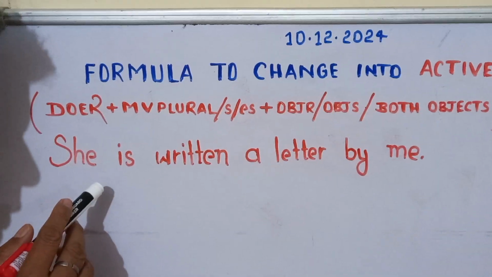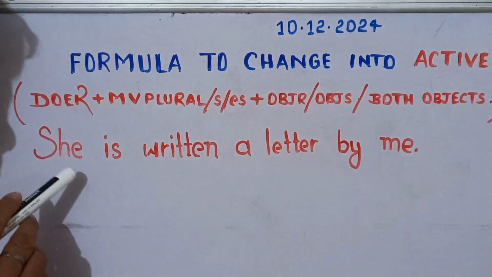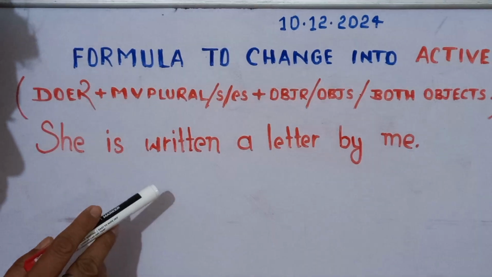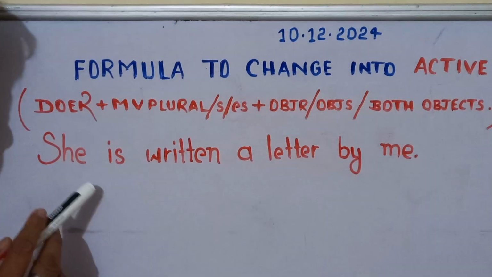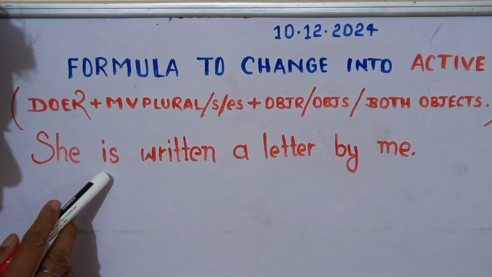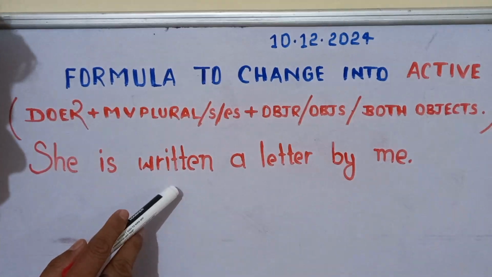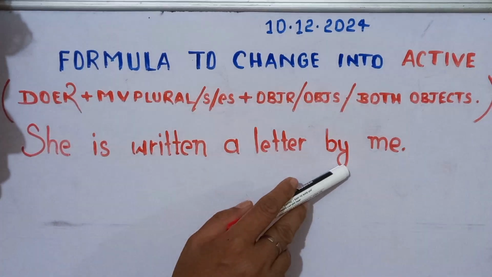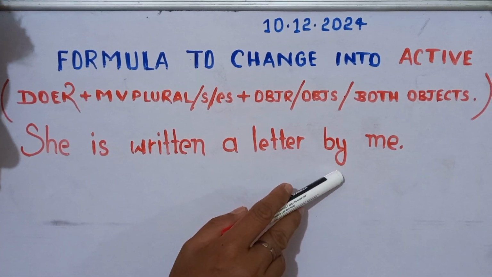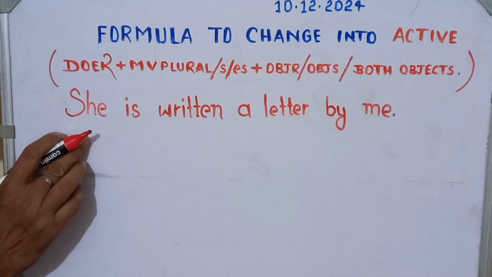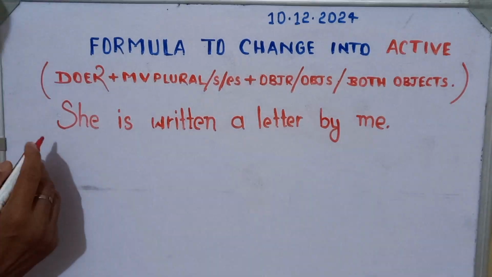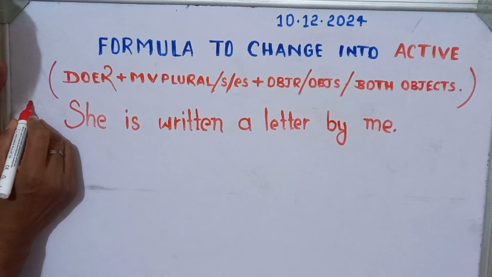Here is a sentence and clearly this is a sentence of passive voice, because here is helping verb is and here is main verb third form and you can see here this is by. Okay. So now I can write down here passive voice.